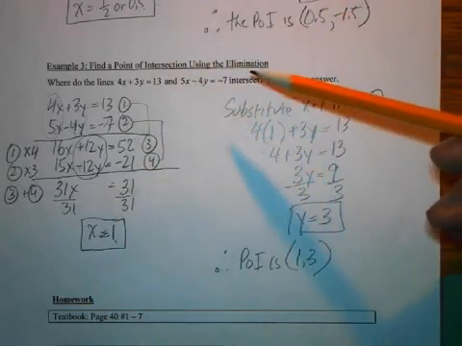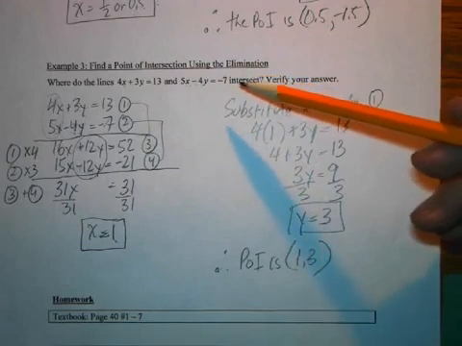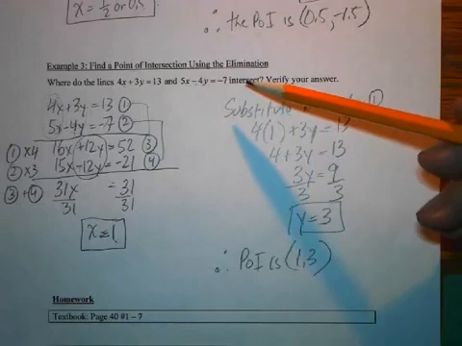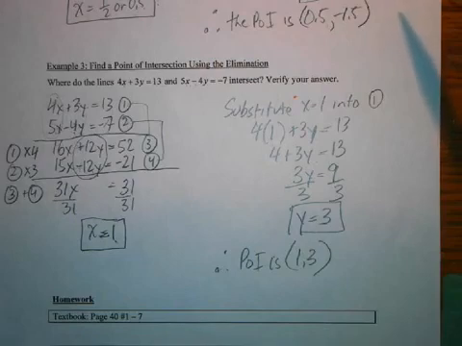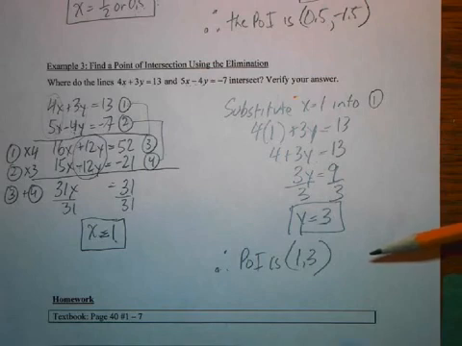Okay, but on the assignment, you're actually going to have to know how to use both methods. I'm going to ask a question, solve this linear system using substitution, and then solve this linear system using elimination. And then when I get to the word problems, I don't specify the technique to use. It's up to you. Okay?